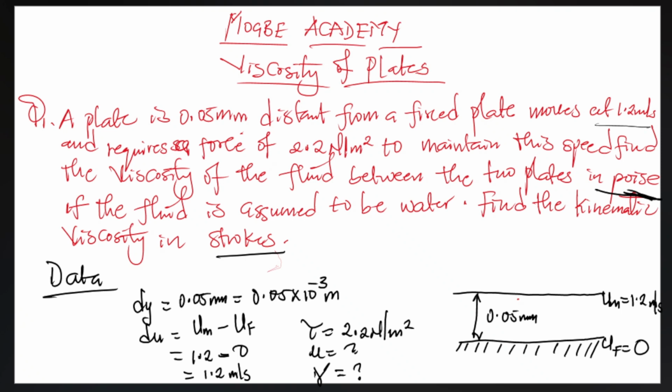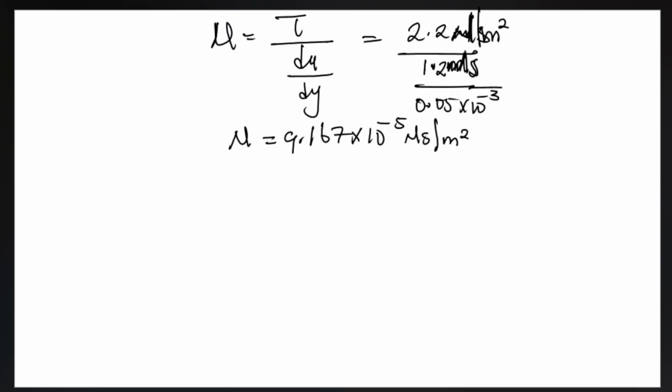Now remember, we said that one poise is equivalent to 1/10 Newton seconds per meter square, which is also 0.1 Newton seconds per meter square.